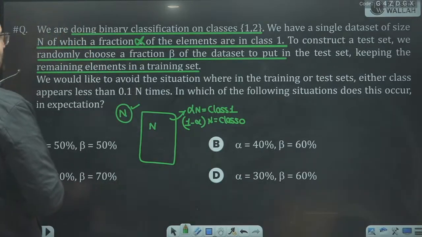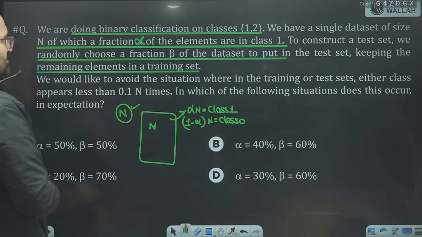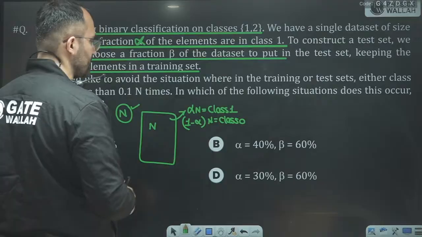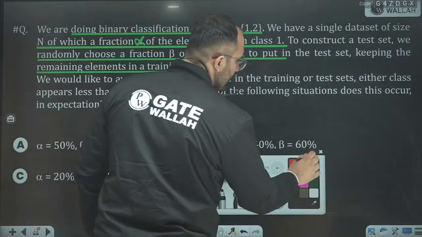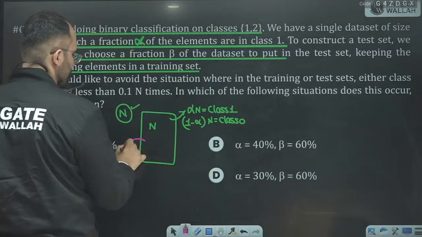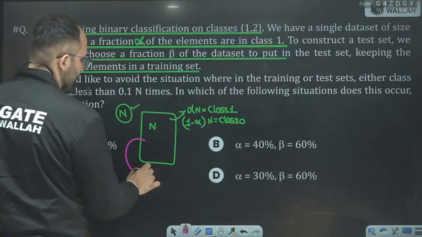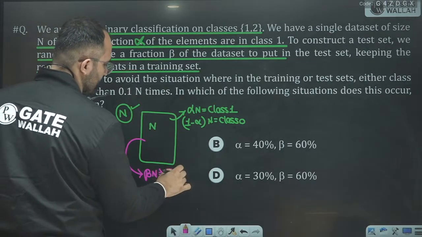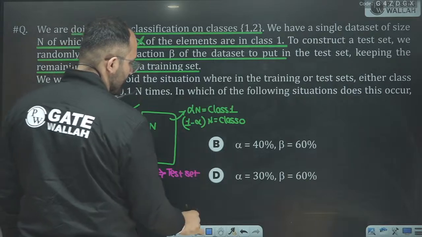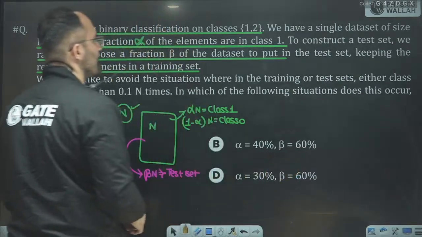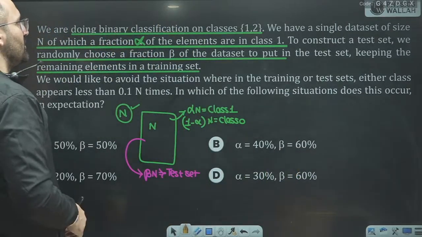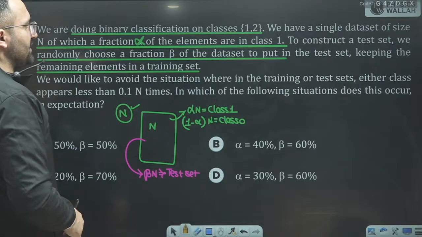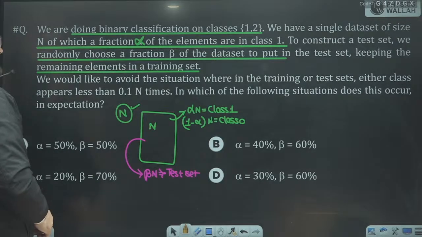To construct a test set, we randomly choose a fraction beta of the data set to put in the test set. So, beta n into the test set. Keeping the remaining elements in the training set.